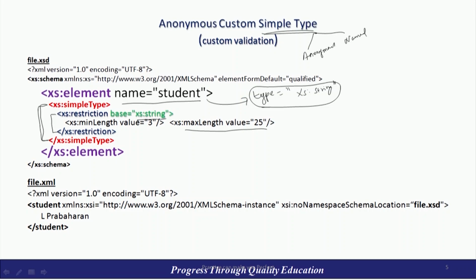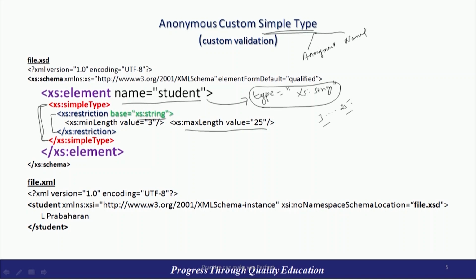In the sense, I can give any text, the text should have minimum 3 characters length and maximum 25 characters length. If it is less than 3 or greater than 25, the document will not accept the text whatever we type.